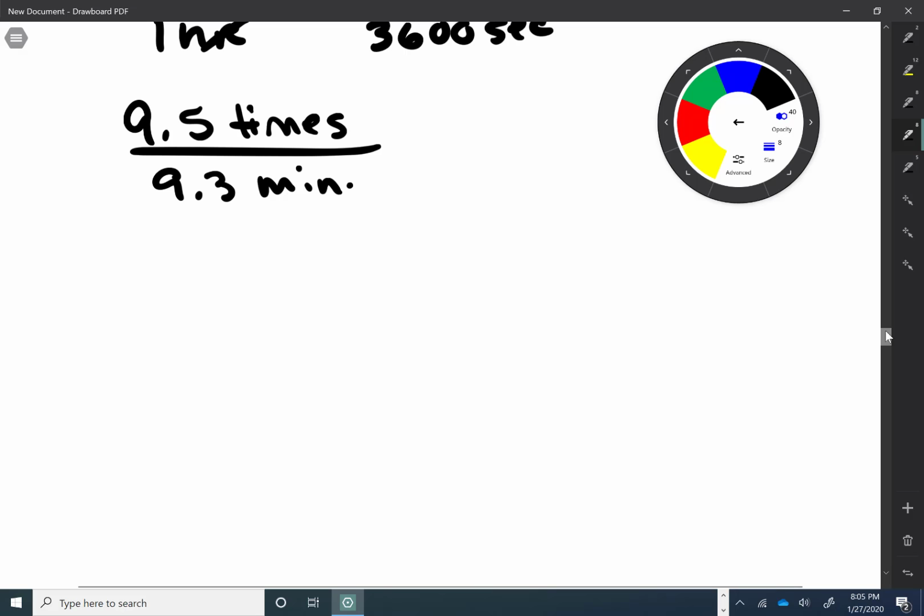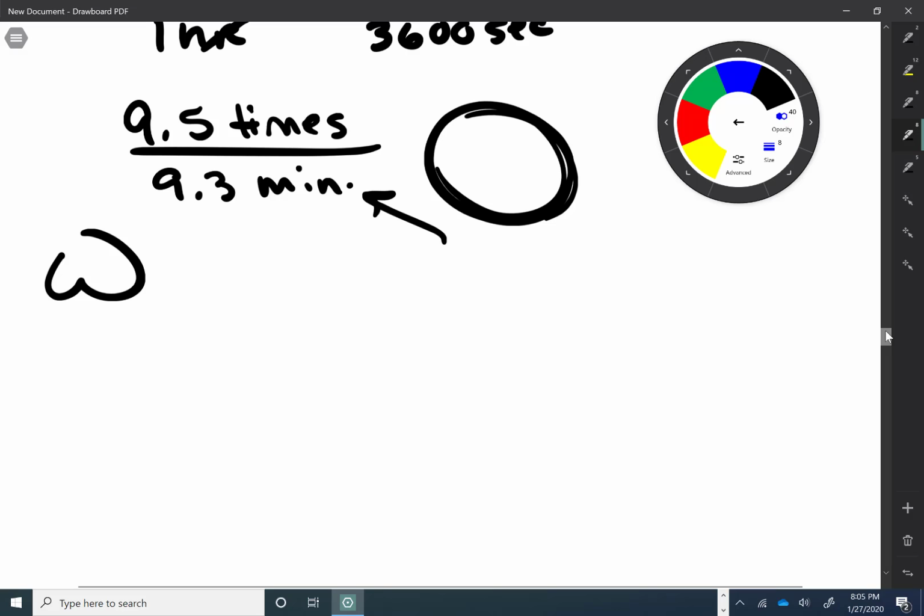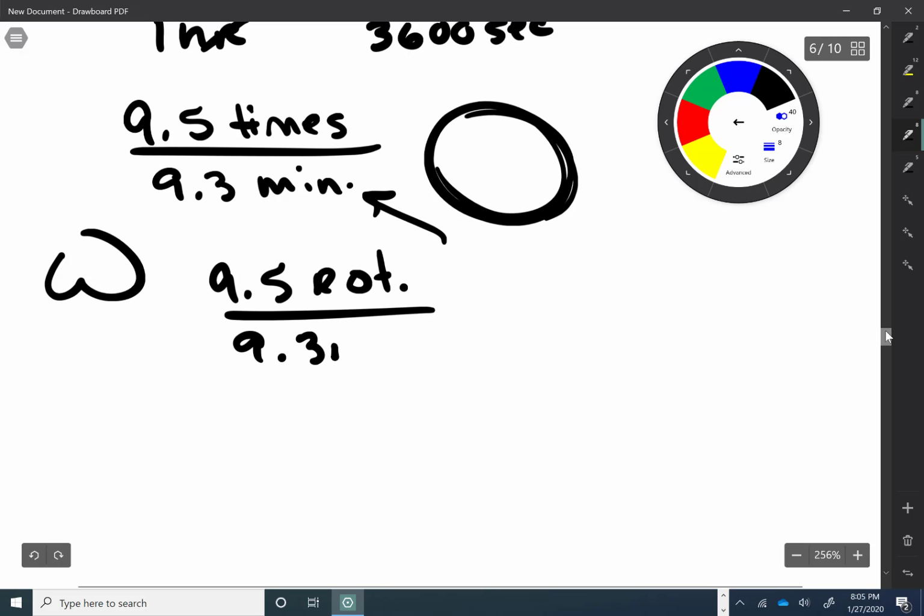Anytime we're given something about how many times something goes around a circle in a period of time, we're given angular velocity. The thing is that usually angular velocity is in radians. We have rotations. So this is 9.5 rotations, and it's in 9.3 minutes.